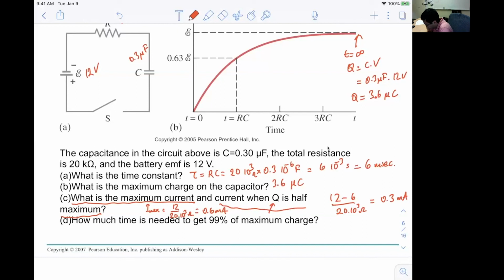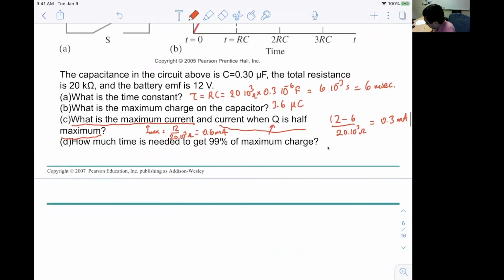How much time is needed to get 99% of the maximum charge? Q is Q naught times 1 minus e to the minus t divided by RC. This is the correct, full representation of the charge as a function of time.